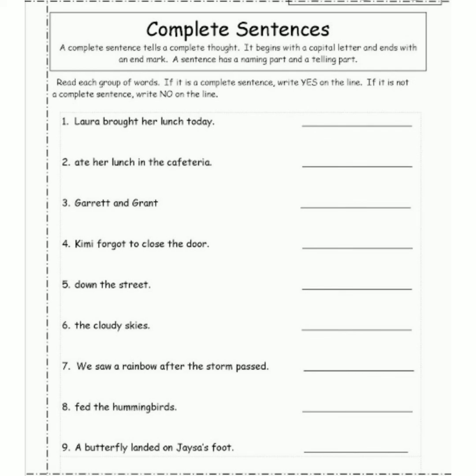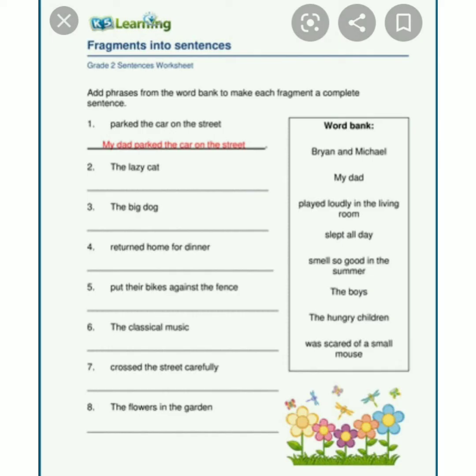Then comes your next worksheet. In this worksheet, I have given some phrases in the word bank. You have to match them and make a complete sentence. While you are writing this also, you should see that the first letter should start with a capital letter, it should end with a full stop, and it should give you the full complete meaning. Take for example, the first one, park the car on the street.